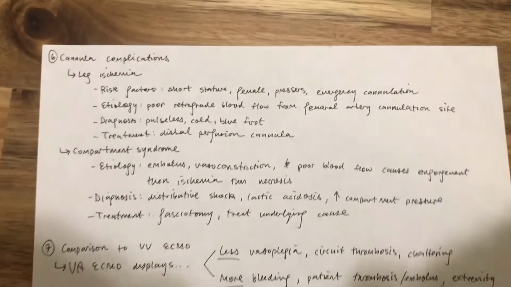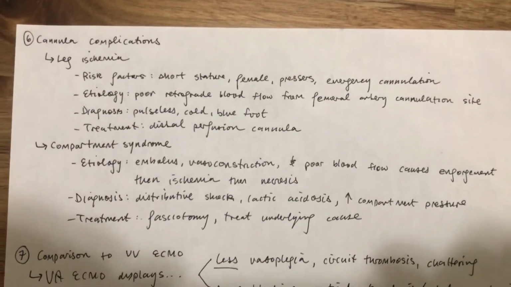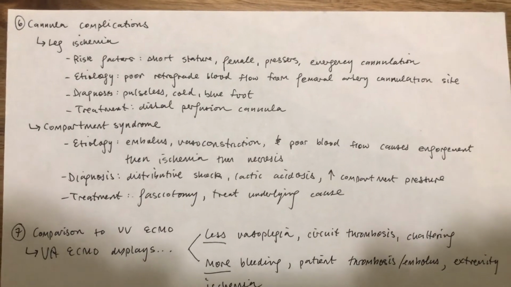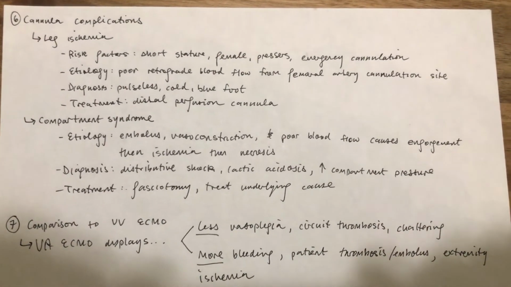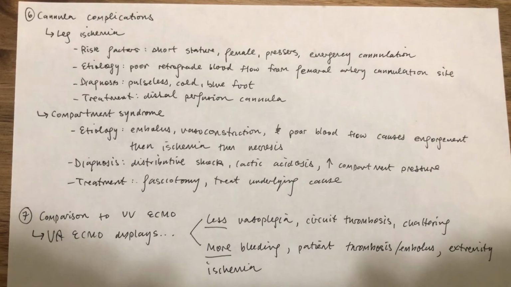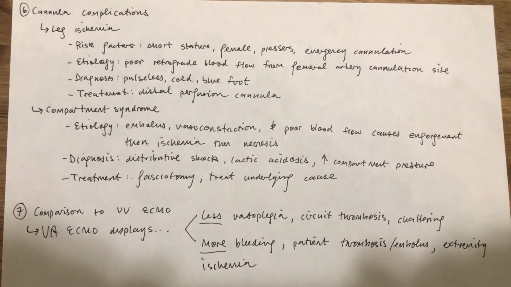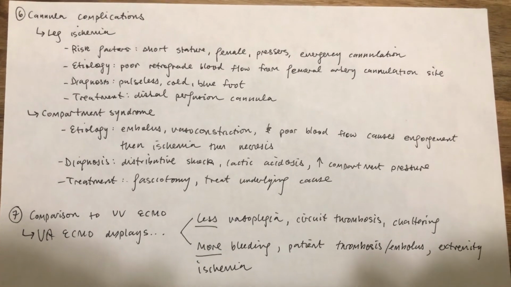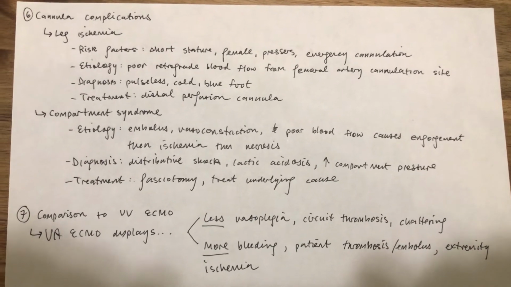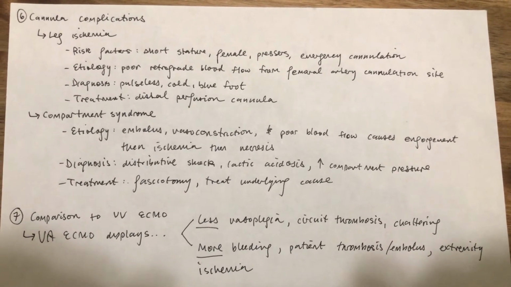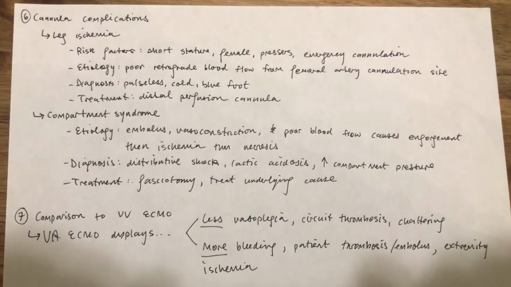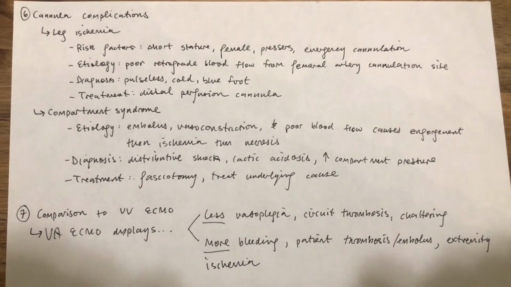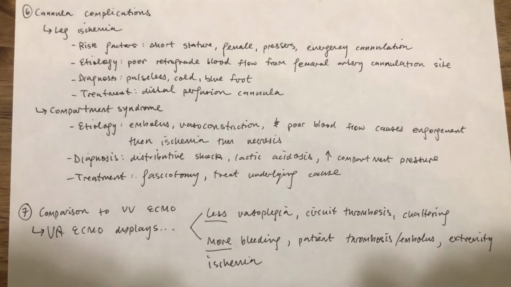And then last, we'll just talk about some cannula complications and kind of bring it all together at the end. So one of the cannula complications that we often see is leg ischemia. This is because cardiogenic shock is usually the dominant shock phenotype.